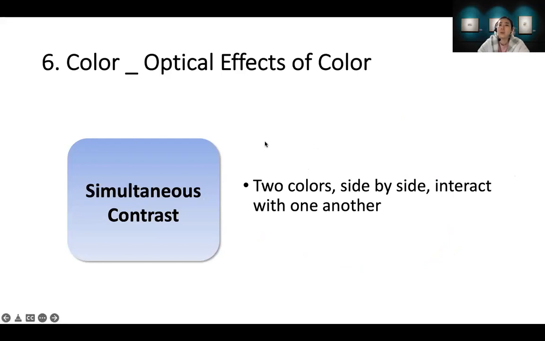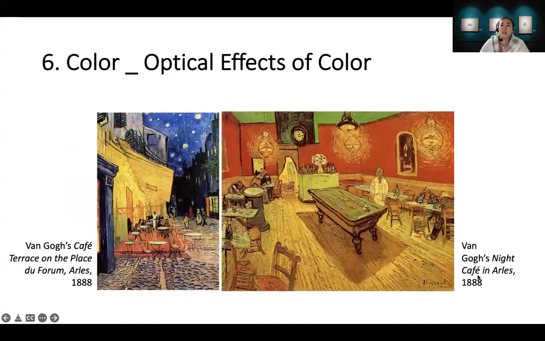And we can see optical effects of color. There are two kinds of optical effects of color in this chapter. The simultaneous contrast is the first one. When there are two colors side by side, these colors interact with one another and change our perception accordingly. The most popular simultaneous contrast that artists use is complementary colors.